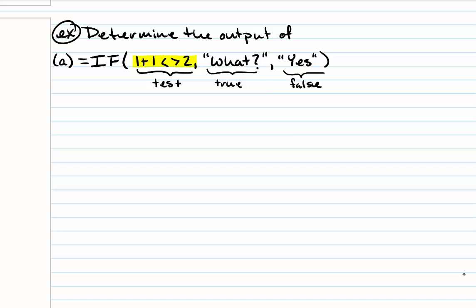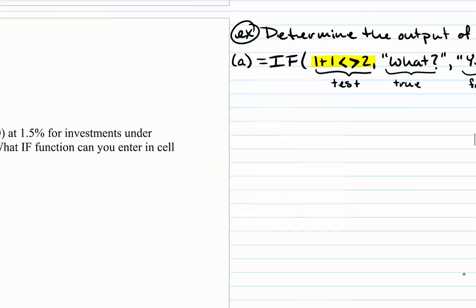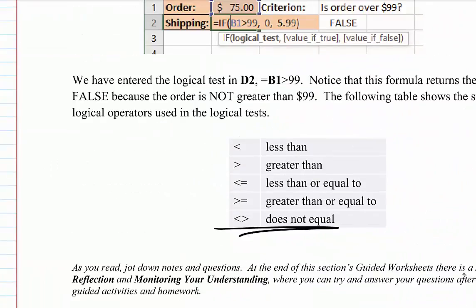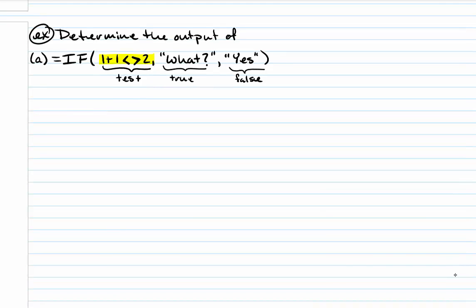So what does this mean that we're testing? Look at those symbols. In particular, look at this greater than and less than symbol back to back. That means not equal to. It's right here. So, does it test true or does it test false? Well, we know, of course, 1 plus 1 is 2. And this means not equal to.